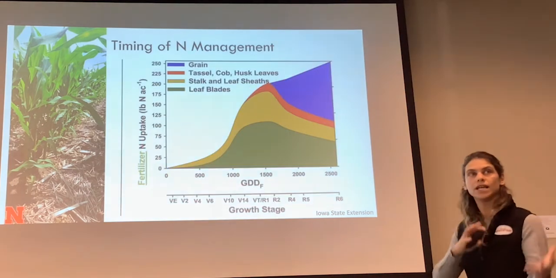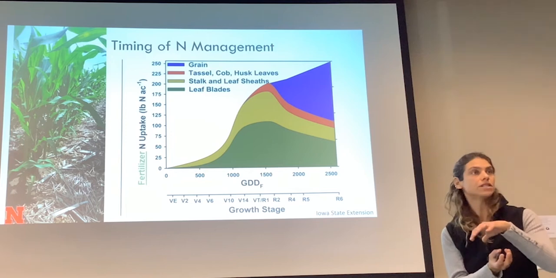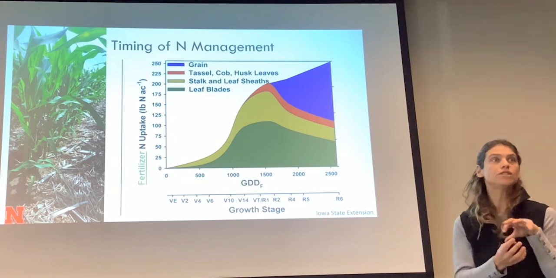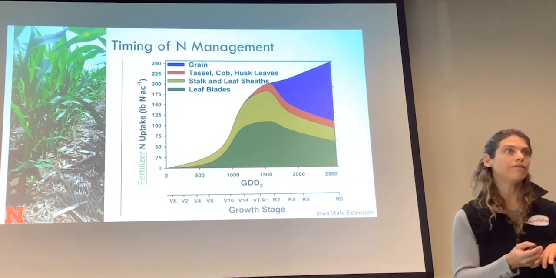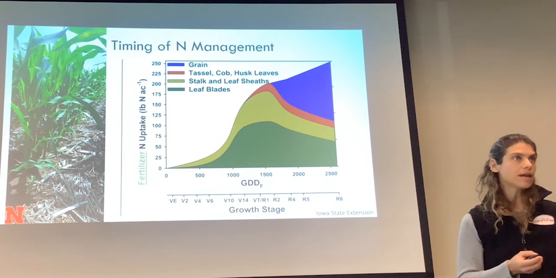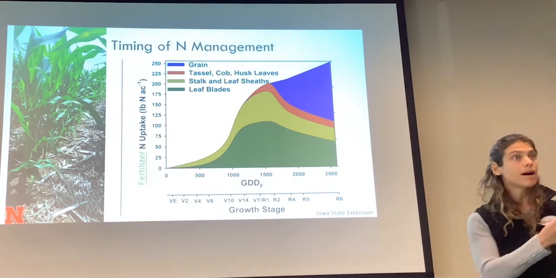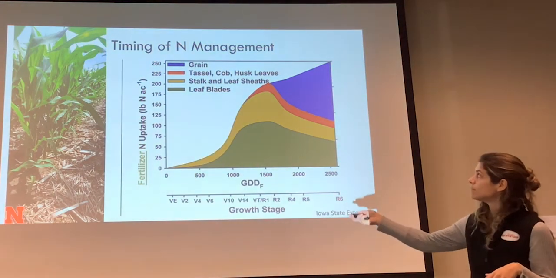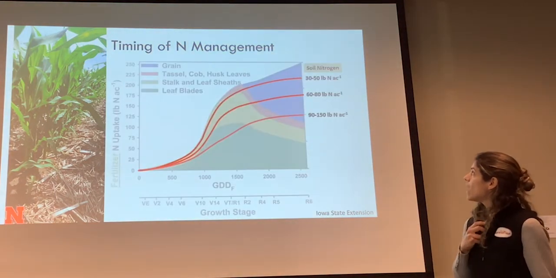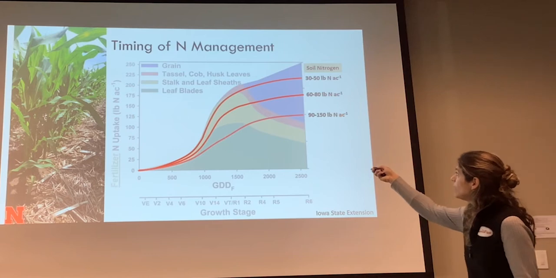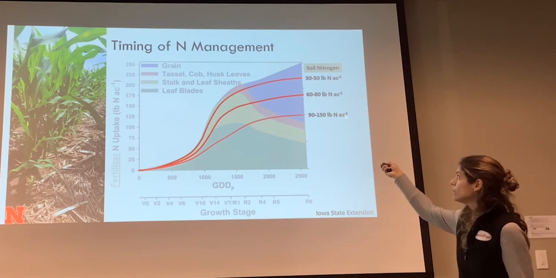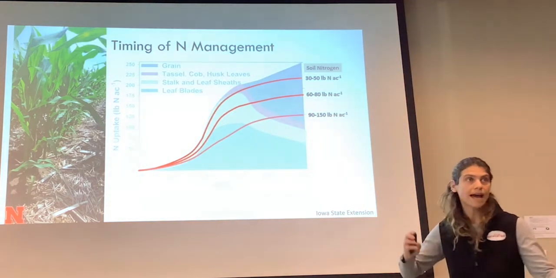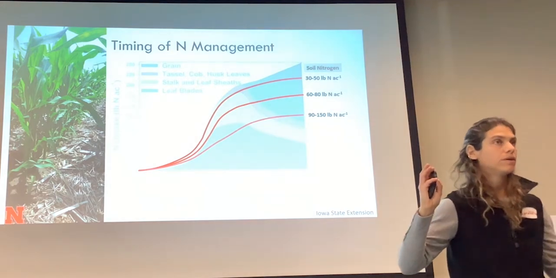Now I'm gonna put it on the other side of the table, right? How much fertilizer uptake I will have, right? And that's when we think about how much in the soil I'm gonna get through the growing season. So when I think about fertilizer uptake, now I can have a very high potential soil, right, that mineralized between 90 to 150 pounds, right?